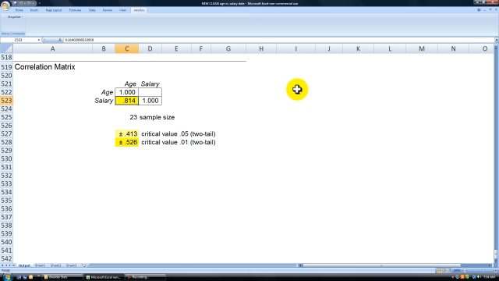Remember, positive relationship just means they move in the same direction. We can still have two things going down, but if they're moving in the same direction, it's still a positive relationship. So 0.814 is a very strong correlation because it's close to 1. Any correlation close to 1 or -1 is going to be strong. So even if I have a negative 0.88, even though it's negative, it's a strong correlation.